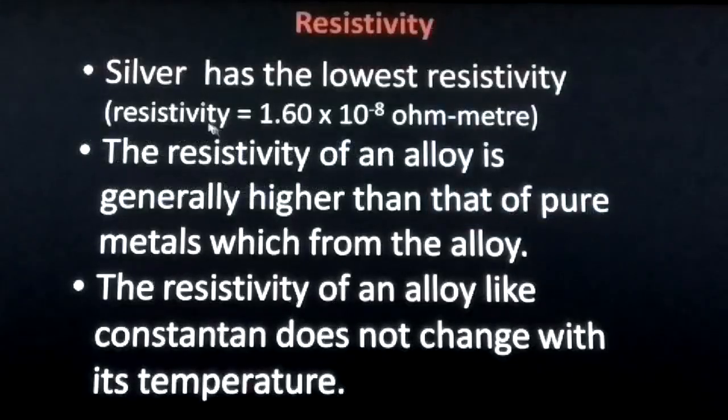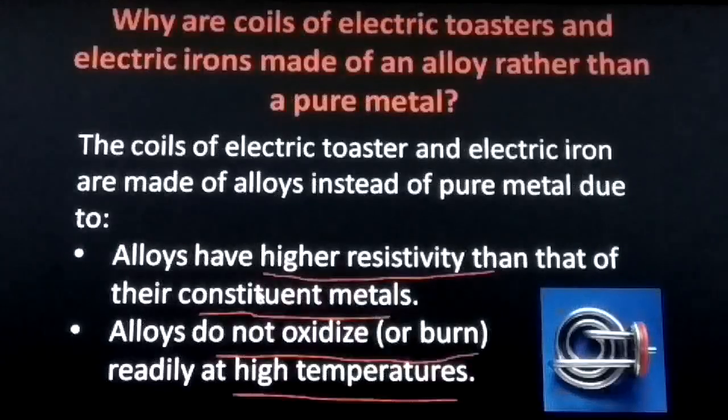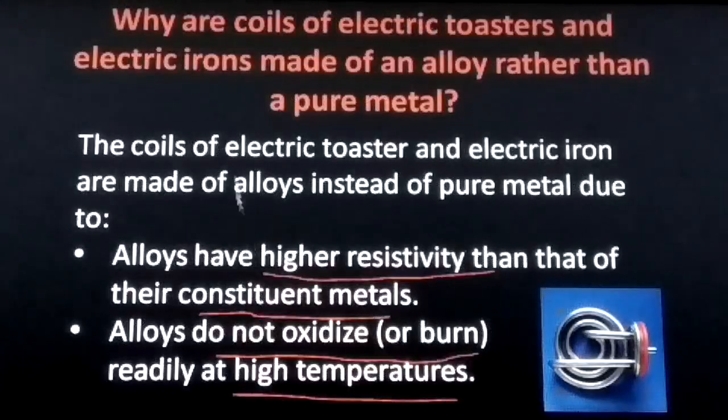And the resistivity of different materials, that is silver, alloys, and particularly constantan. Also why the coils of electric toasters and electric irons are made of alloys rather than pure metals, which we have seen here.